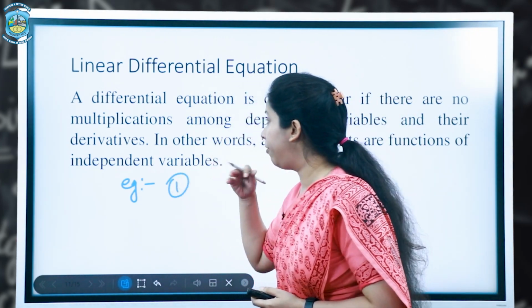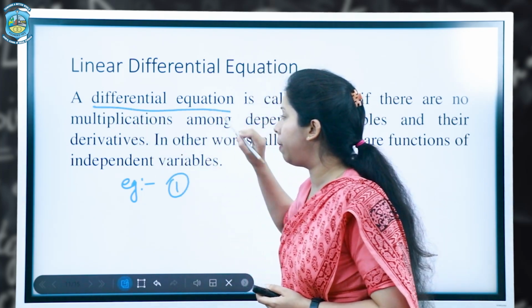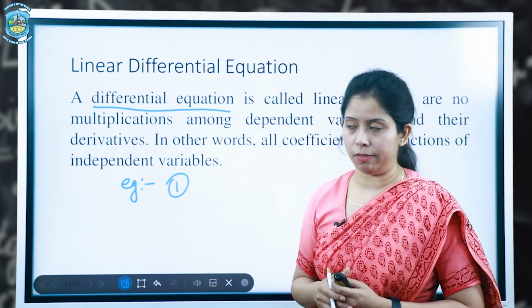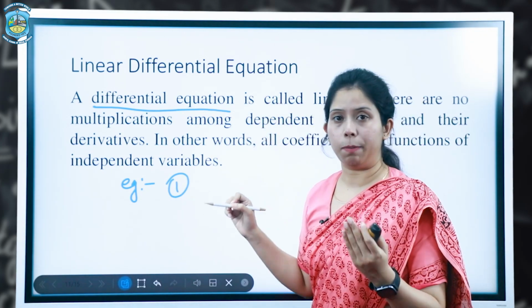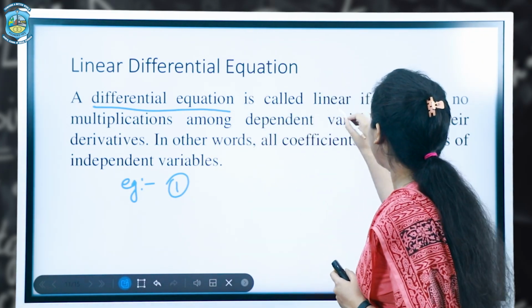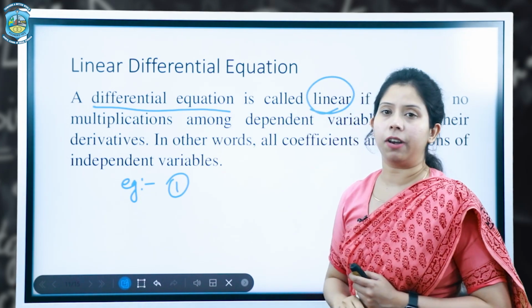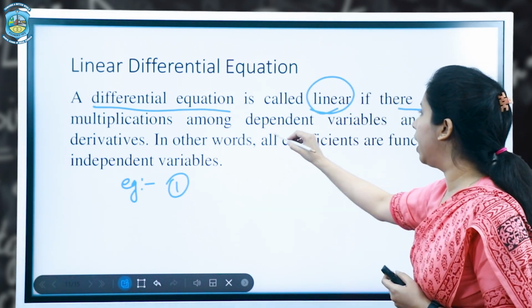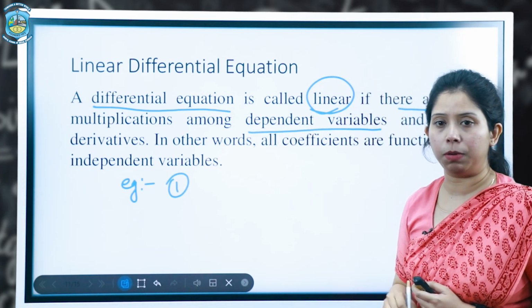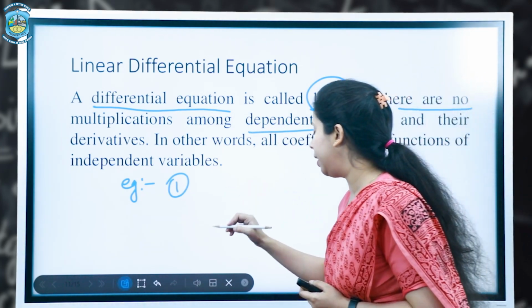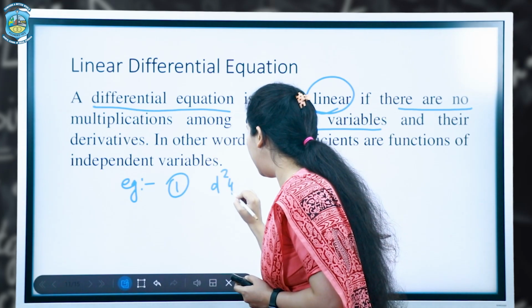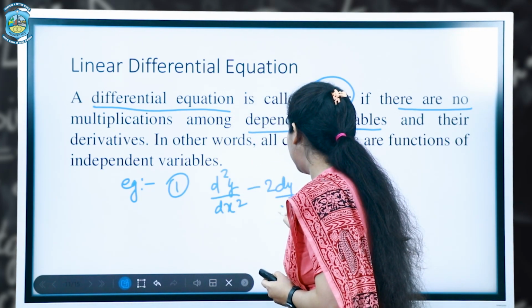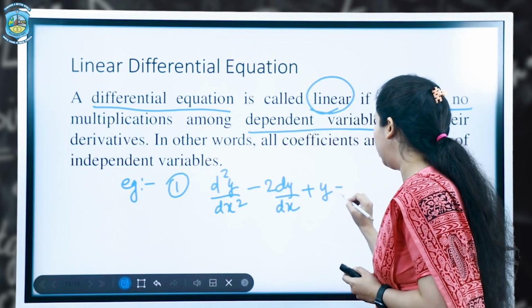Basically it should be a differential equation, that means it can have one or more than one derivatives along with the dependent variable, and those differential equations will be called linear if there are no multiplications among the dependent variables and their derivatives. So, let us take one example. Here we have d2y by dx square minus 2 dy by dx plus y is equal to 0.